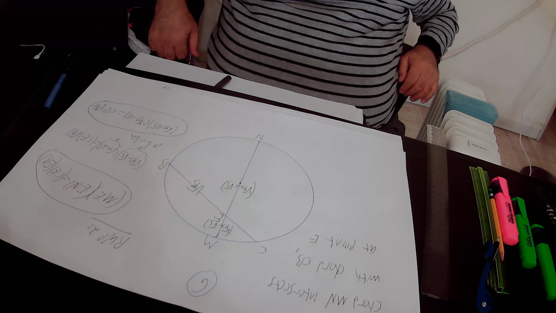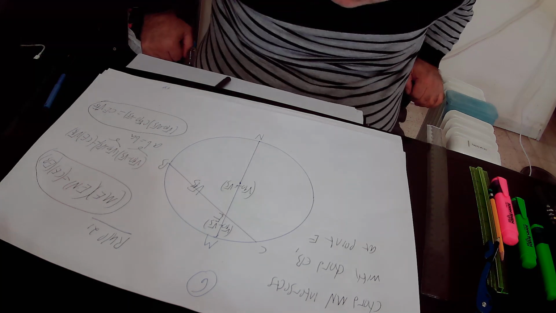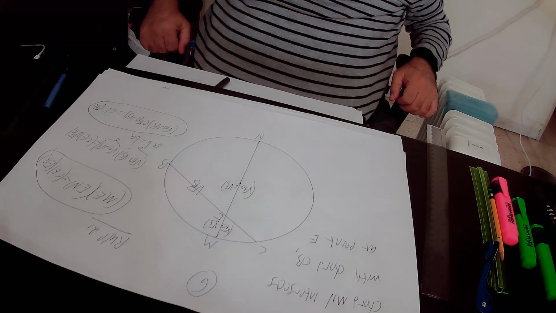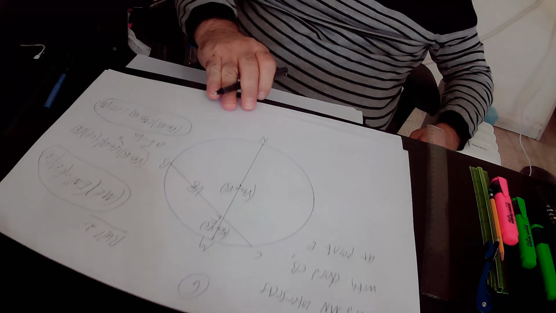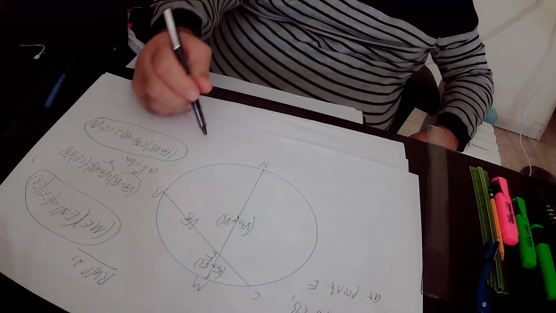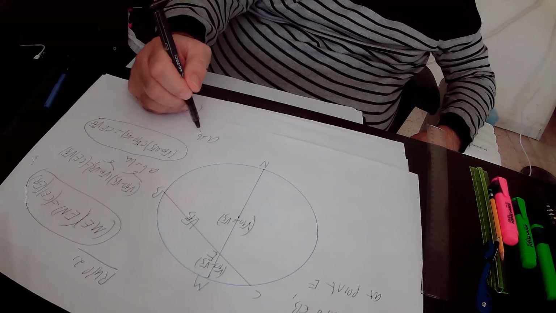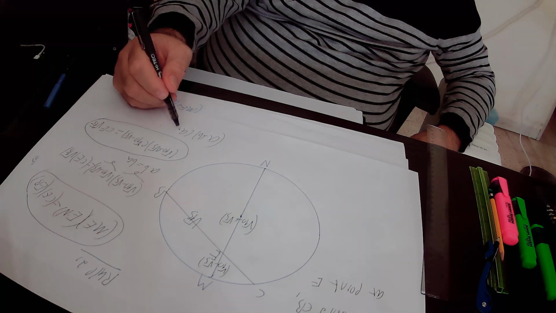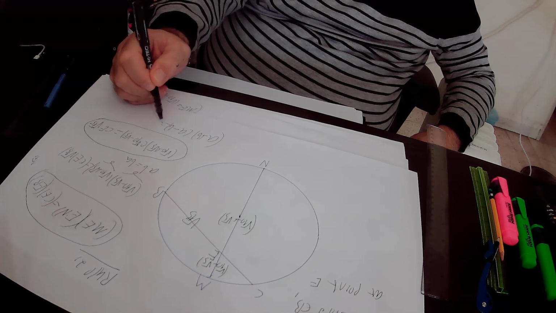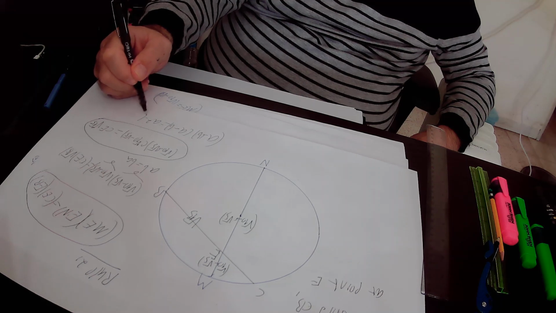So here we have the algebraic identity that states that A plus B times A minus B equals A square minus B square.